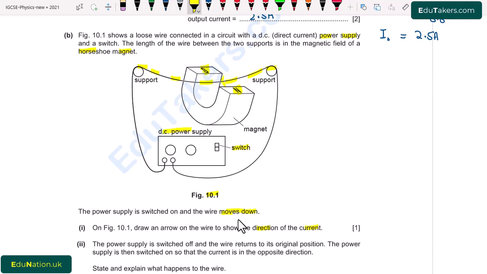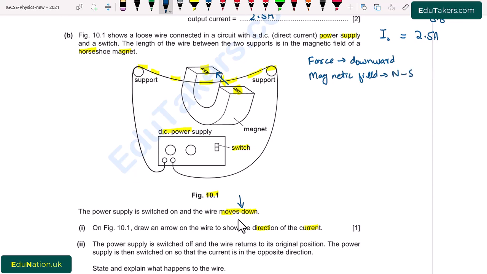It means that force is acting on the wire in the downward direction. So the force is acting in the downward direction and the magnetic field is from north to south pole. So I write here: force is downward and the magnetic field is from north to south pole.